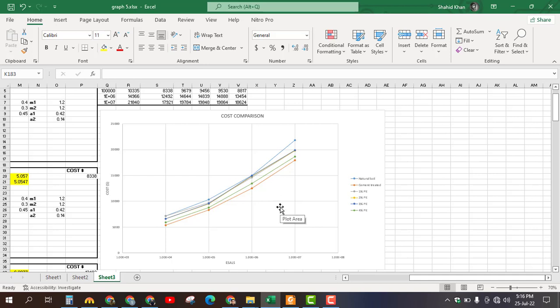It means that the cost of the soil stabilized with plastic is less than that of natural soil, and the soil stabilized with cement is further less than the cost of the road with a subgrade stabilized with plastic and natural soil subgrade.